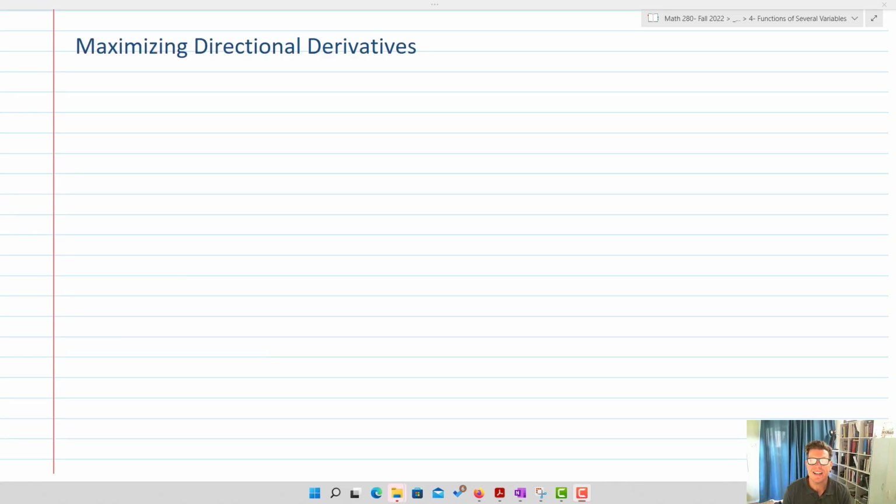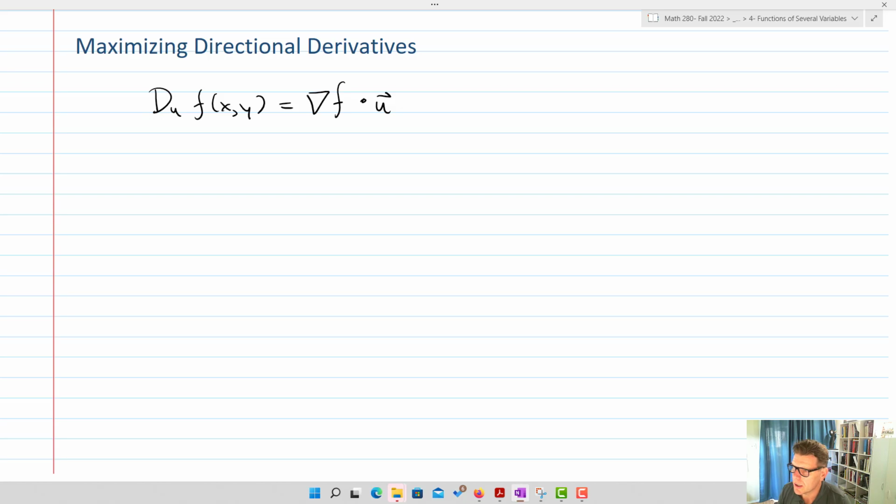So one of the handy things that we can do with the gradient is we can go out and maximize or minimize directional derivatives. So now if you remember, we've got du of f of xy is going to equal del f, or grad f dotted with u.